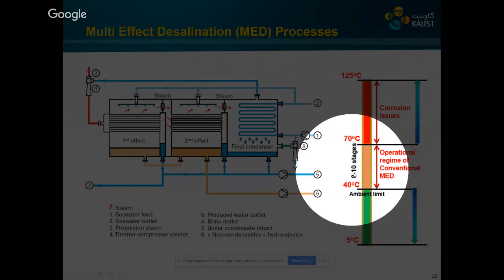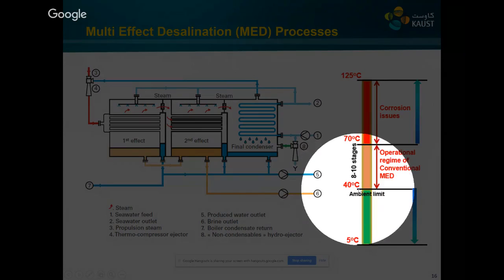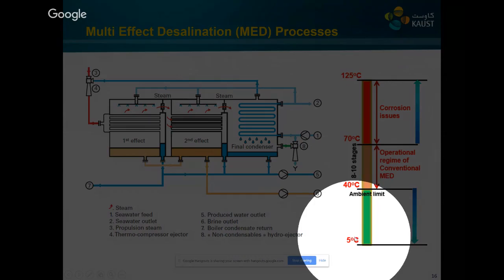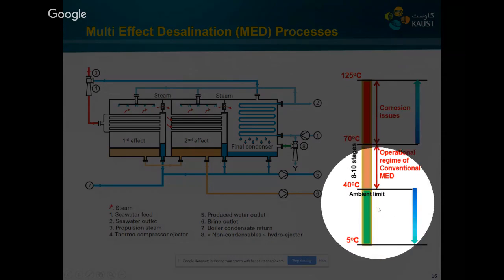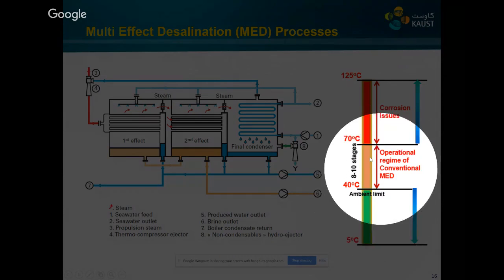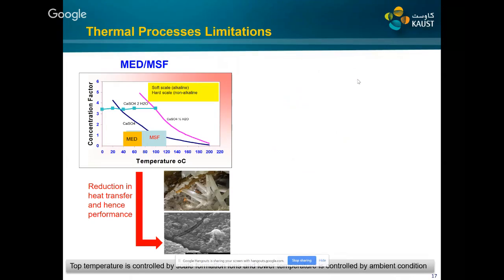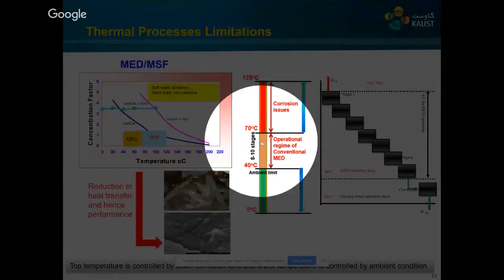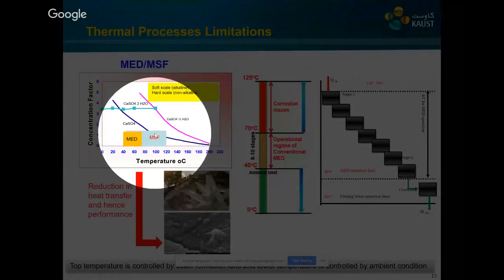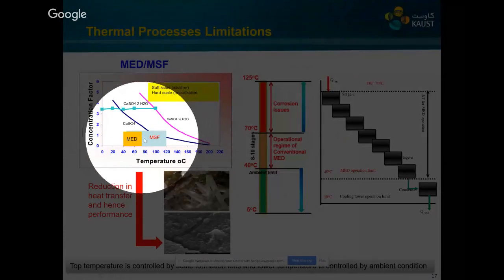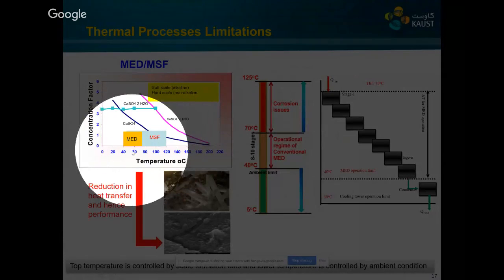The second is to overcome the ambient condition limitation and drop the temperature below ambient, which again increases the number of recoveries and improves performance. These are the two ways we can improve performance. This shows the same thing: the operation is controlled by the scaling and temperature limits in MED and MSF.